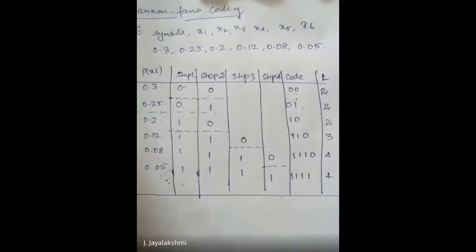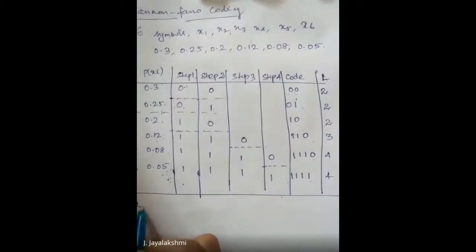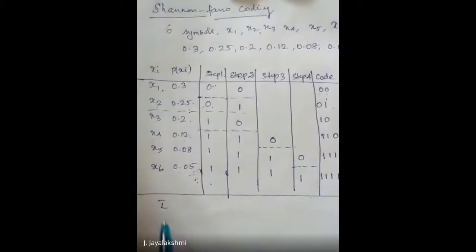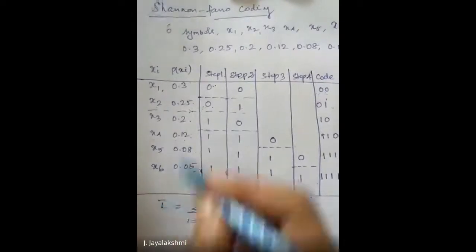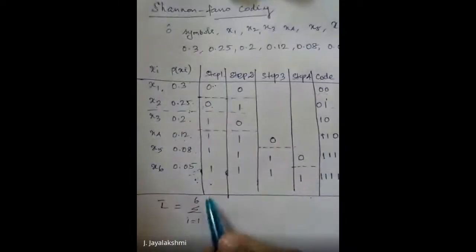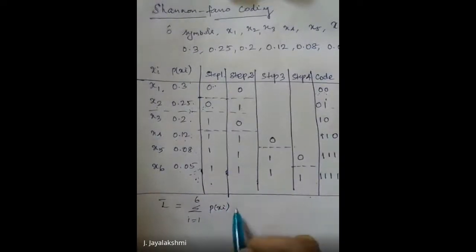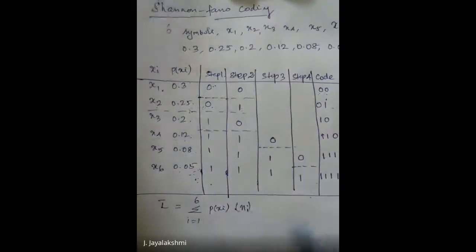The next step is to find the average length, L bar. You calculate the average length as the summation of i equals 1 to 6, since there are 6 symbols, of the probability of xi into the number of bits in each symbol.